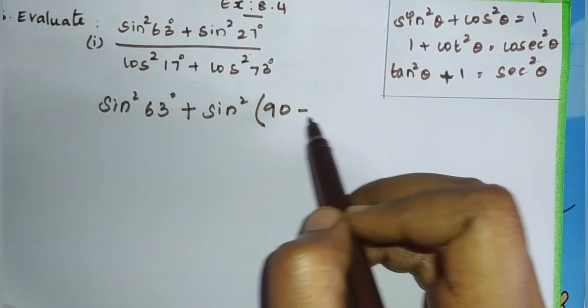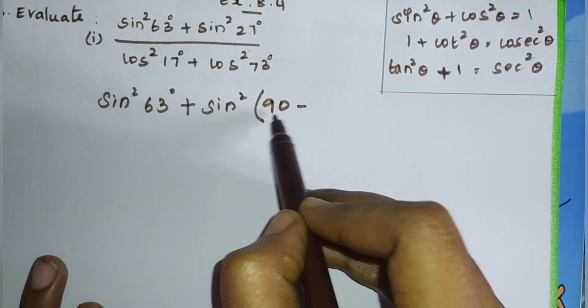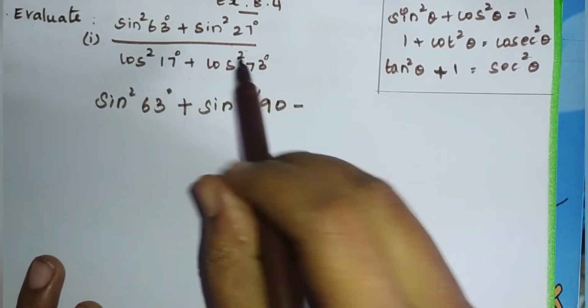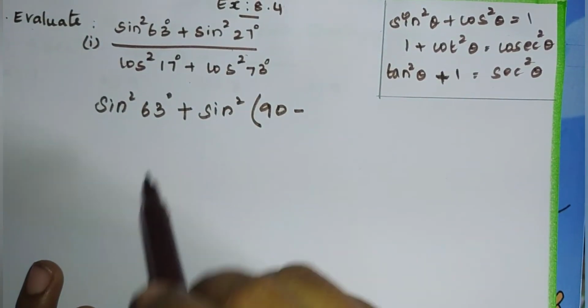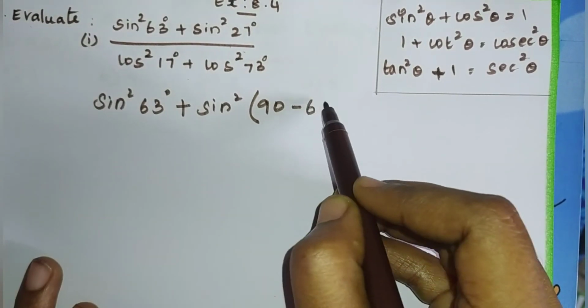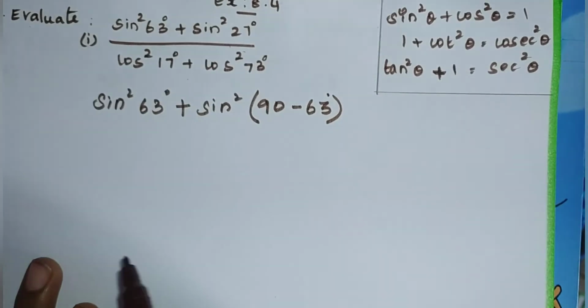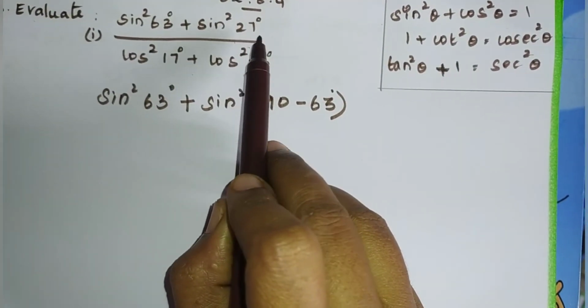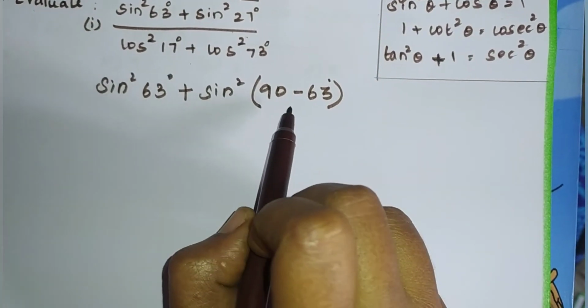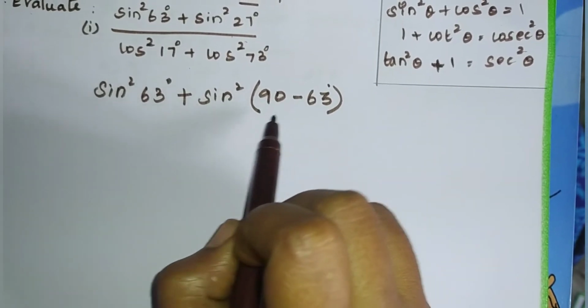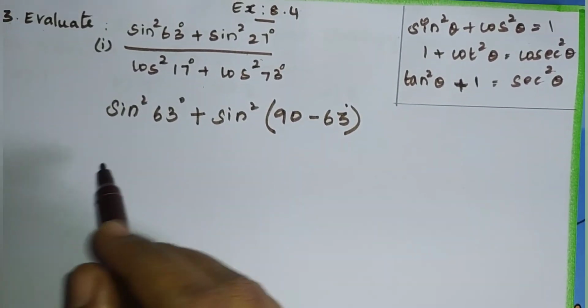For that we have to divide into 90 degree. 90 minus which number will give 27? 90 minus 63 is equal to 27. So I separated 27 as 90 minus 63.